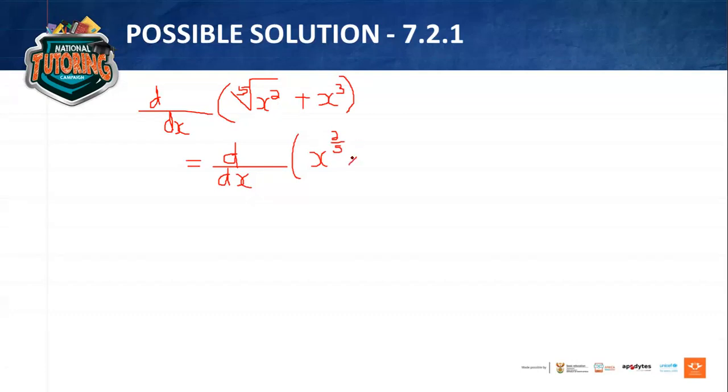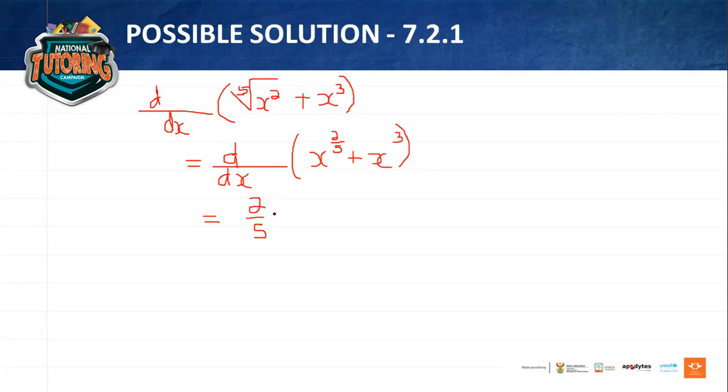It's going to be added to x cubed. For the x cubed, we are not going to do anything to it because it's exactly how we want it. Now we differentiate. When we differentiate this, what would be our answer? Our answer is going to be 2 all over 5.